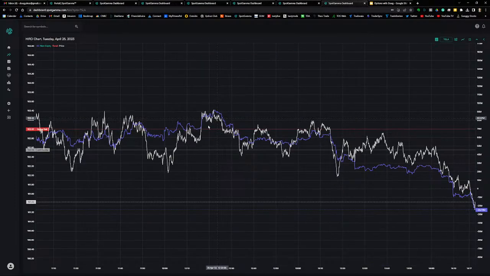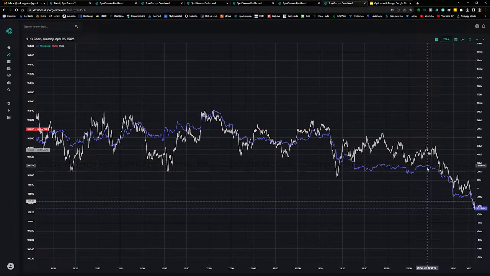Let me zoom in on the afternoon here. Hero's starting to make lower highs, and price is starting to make lower highs, starting about 12:30.